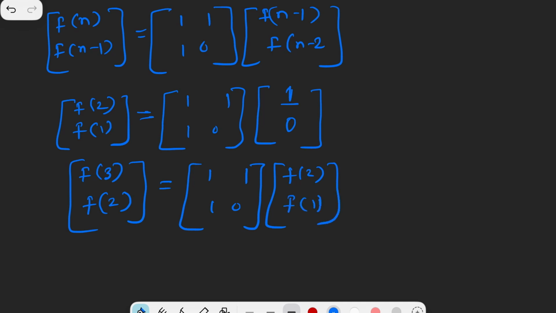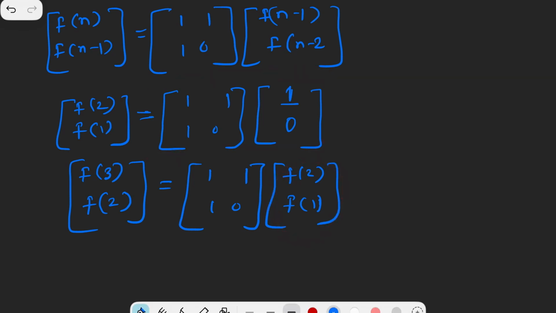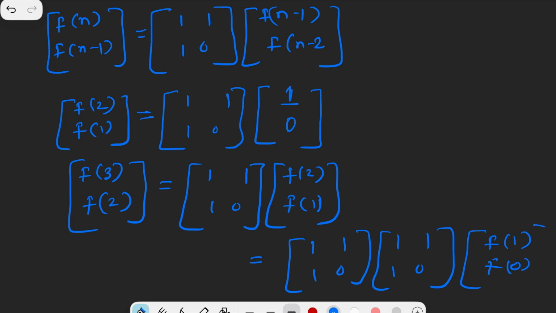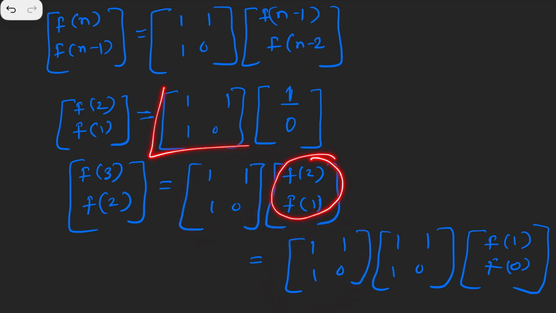But now this f of 2 and f of 1 can be replaced with this. So it will be 1, 1, 1, 0, then again 1, 1, 1, 0, and here you will write f of 1, f of 0. This has been replaced with this value. I hope this makes sense.